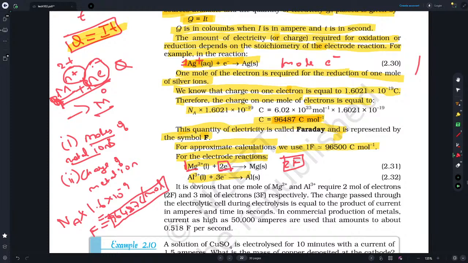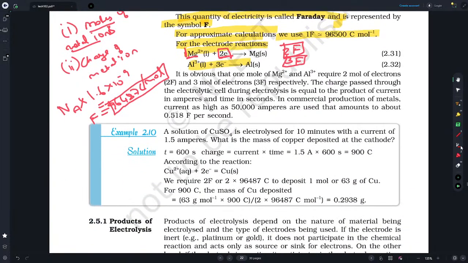In case of aluminium ion, we need 3F charge to completely reduce it to neutral aluminium. So 1 mole of Mg2 plus and Al3 plus require 2 moles of electron, 2F, and 3 moles of electron, 3F, respectively.